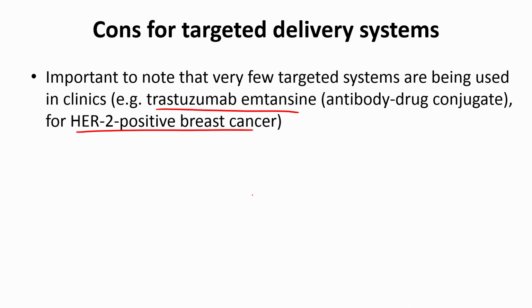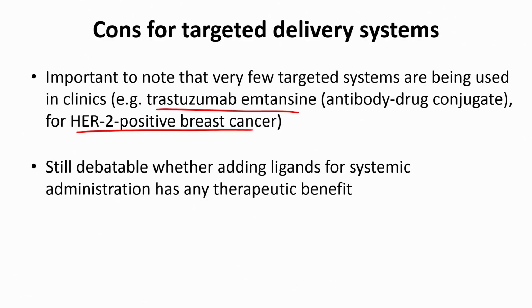If you look in the research phase, lot of people are using these targeting moieties, but not all of them are being used in the clinics, and the major reason is it is still debatable whether adding these ligands actually results in any therapeutic benefit when you are giving it systemically. So, it is not entirely clear.